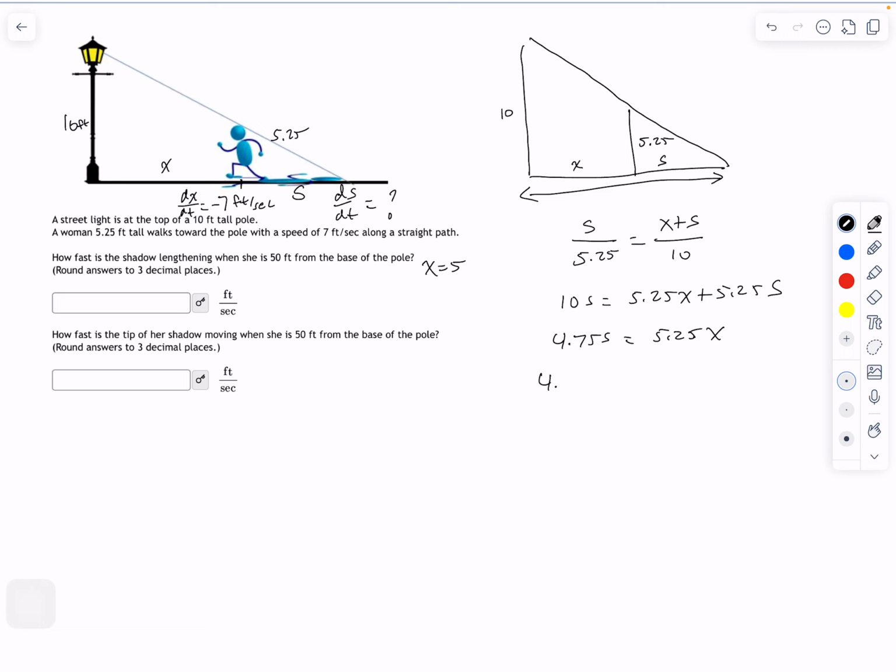Let's take our derivative. It's 4.75 ds over dt equals 5.25 dx over dt.